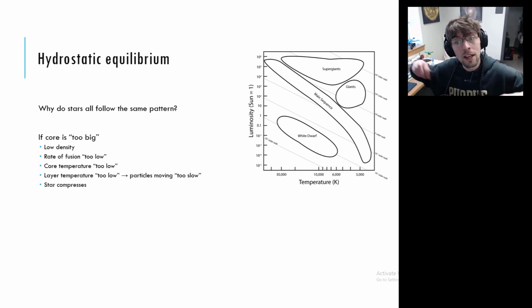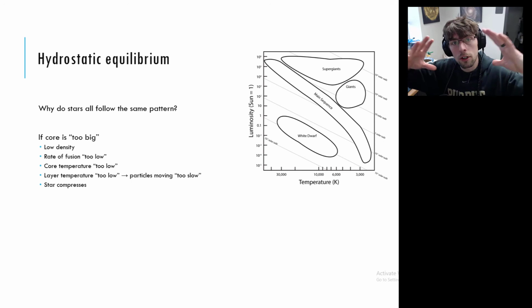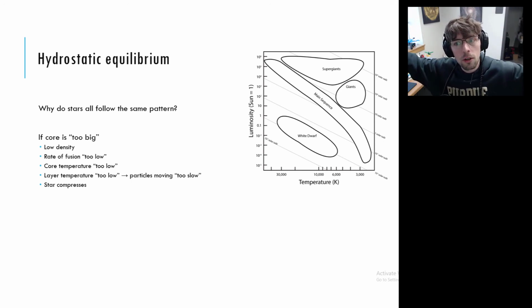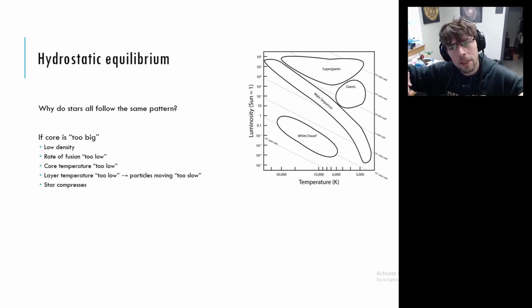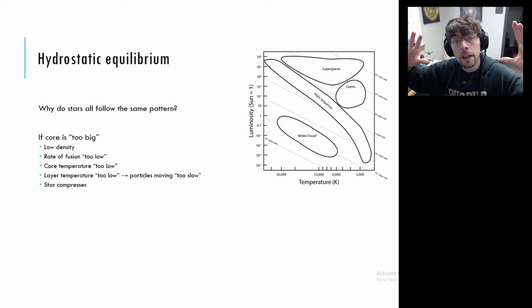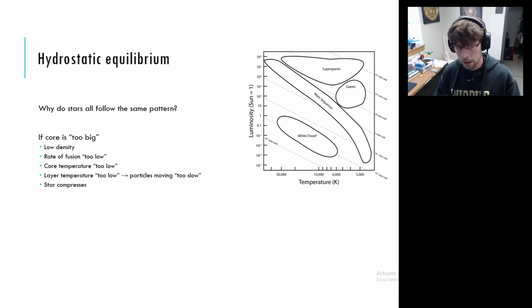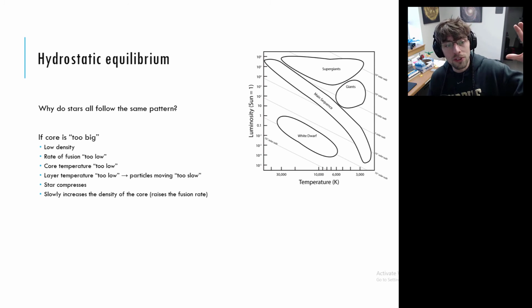If the outer layer isn't moving fast enough, that means that the physical size of the star is decreasing. In other words, if the core of the star is too large in volume, the outer layers of the star will tend to collapse. Well, if the outer layers of the star tend to collapse, what can you tell me about the volume of the core of the star? It will collapse. The physical size of the star will decrease, the core will decrease in size, and since the volume of the core is decreasing, it will slowly increase the rate of fusion in the star.